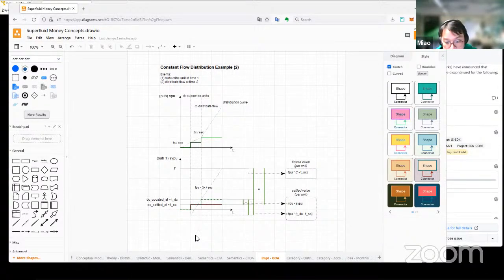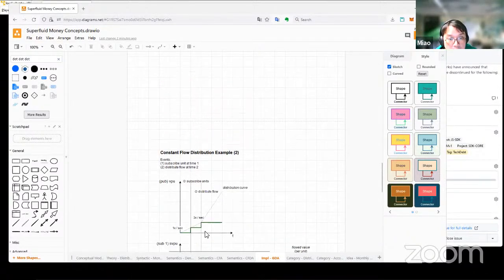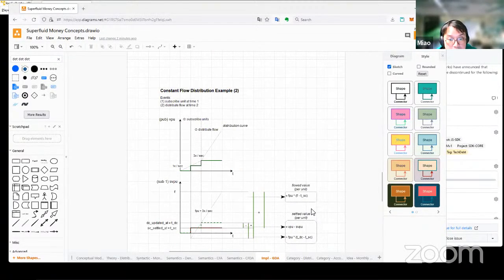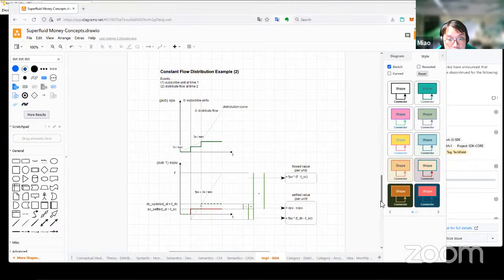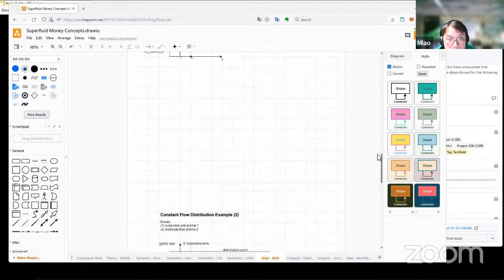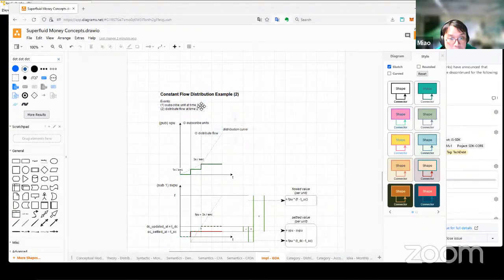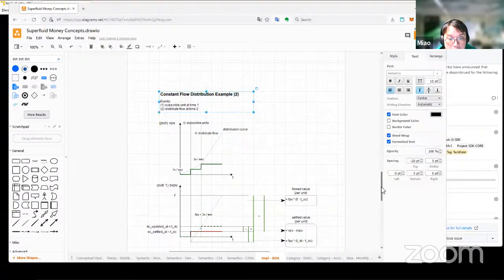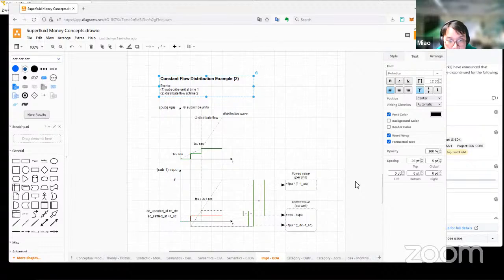Precision loss in using fixed points aside, the current thinking that I have so far is that I believe the distribution curve is generic. It doesn't have to be constant flow or any type of. It can be any curve, so long as it is continuous. Continuous meaning, how do I explain continuous? It is smooth over time, so it doesn't have any abrupt turning points. I can't remember the proper definition of smooth anymore, but I hope it's understandable.